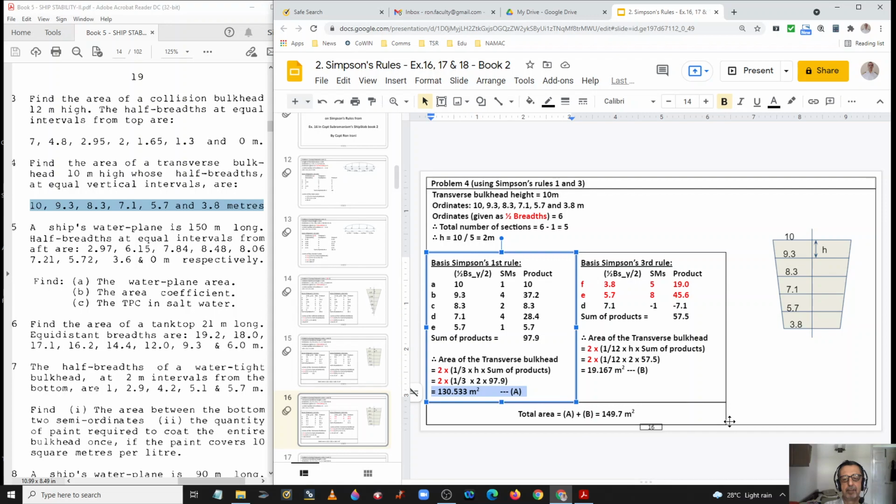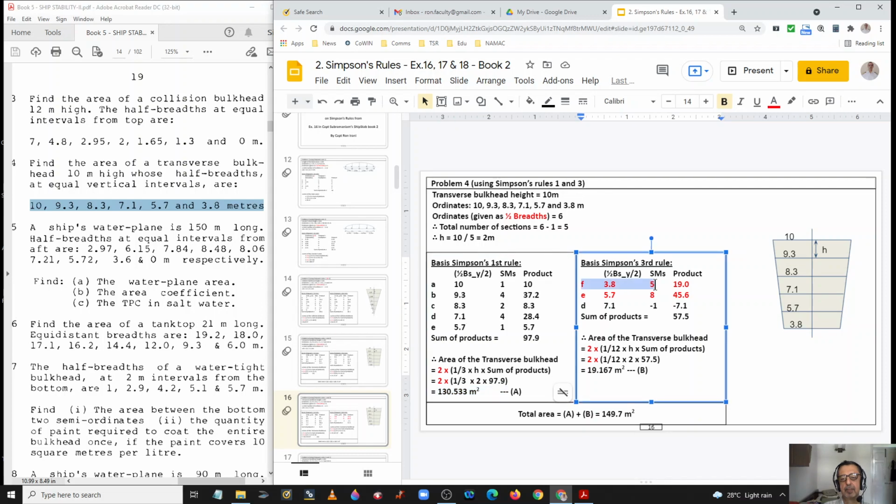Now we have found the area until semi-ordinate E, which is 5.7, and we have to find the area now between the semi-ordinates E and F, 5.7 and 3.8. So the semi-ordinate F is equal to 3.8.